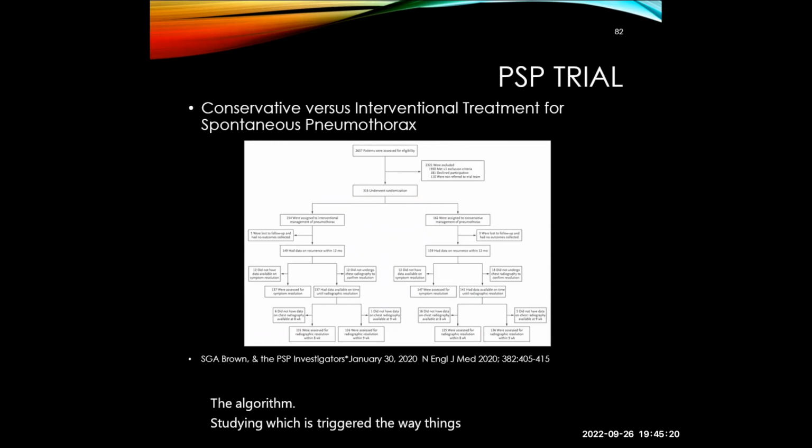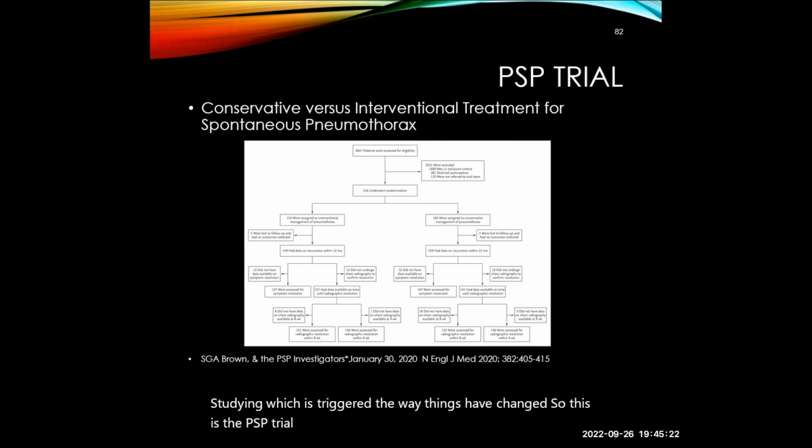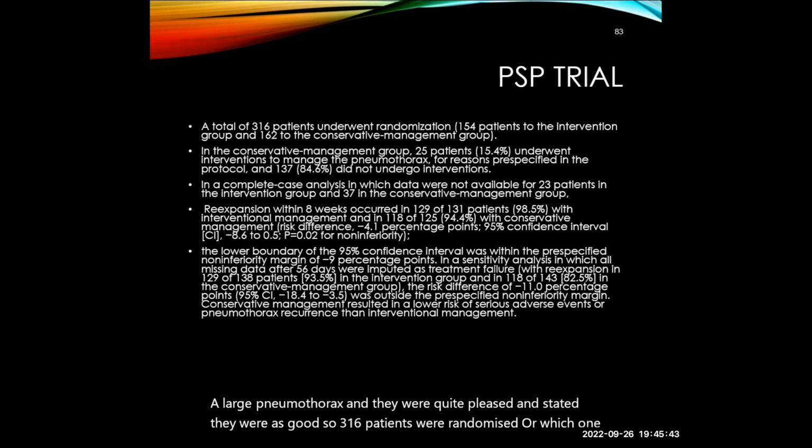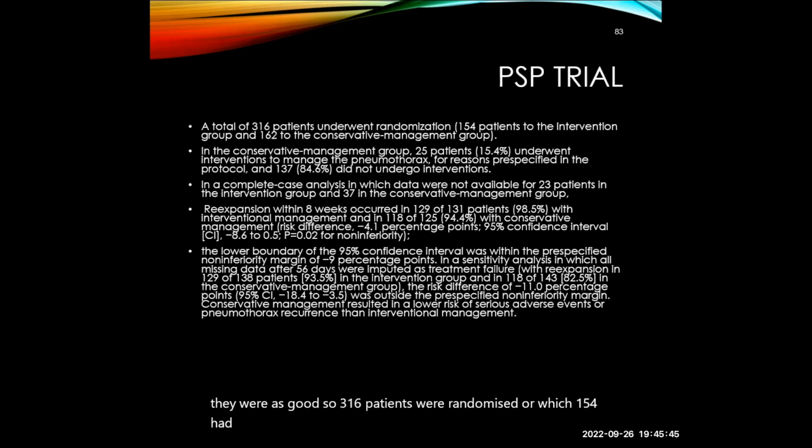So this is the PSP trial from Australia and New Zealand, wherein they decided to manage patients with conservative management when there was a large pneumothorax, and they were quite pleased and stated they were as good. So 316 patients were randomized, of which 154 had intervention, 162 were conservative.